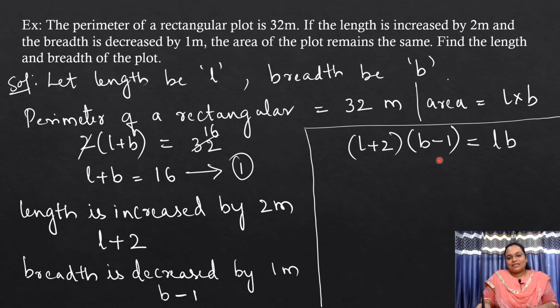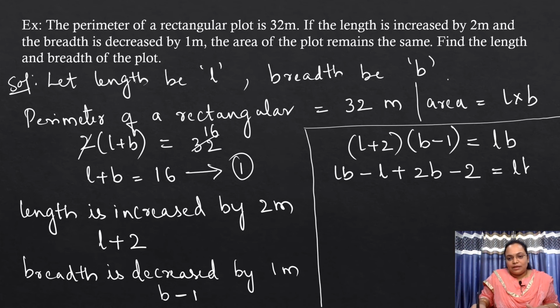We need to multiply this both and simplify, which is LB. L into B is LB, minus L; L into 1 is minus L; plus 2 into B is 2B; 2 into minus 1 is minus 2, which is LB. We will get this LB to the left hand side, that is LB minus LB minus L plus 2B minus 2 is equal to 0.